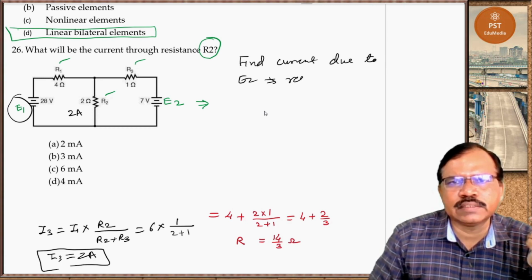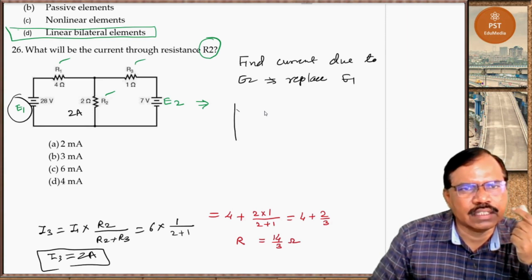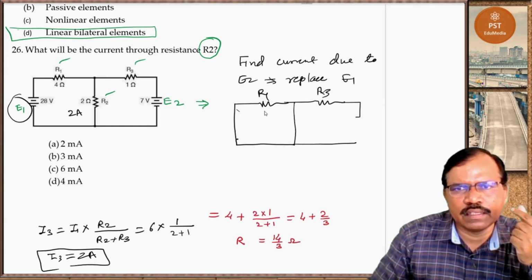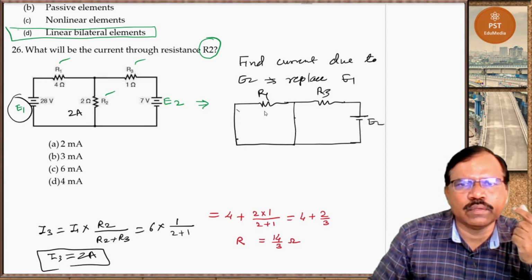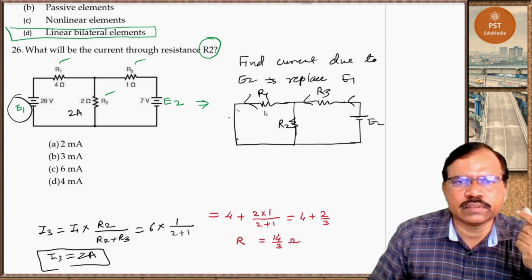So replace E1 by its internal resistance, so the circuit becomes like this. Here short, we have here R1, R3, and here E2. Here we have R2. So the current will flow like this.